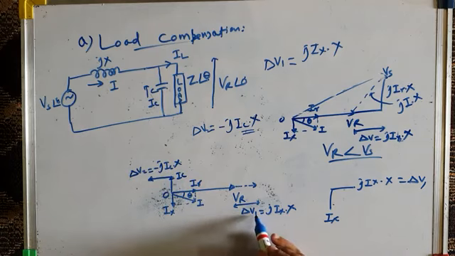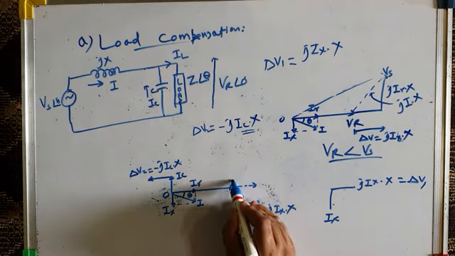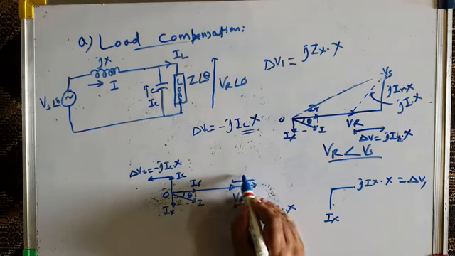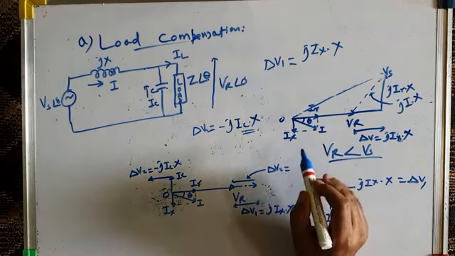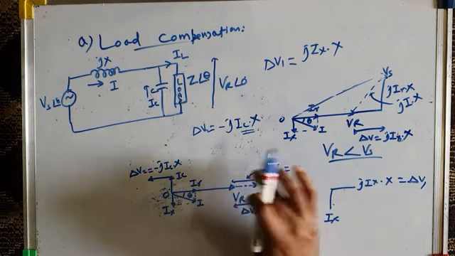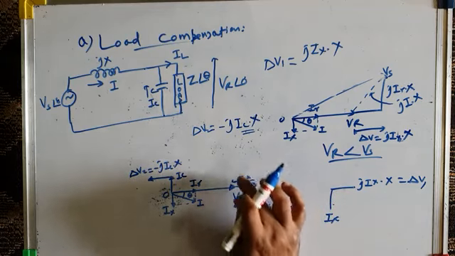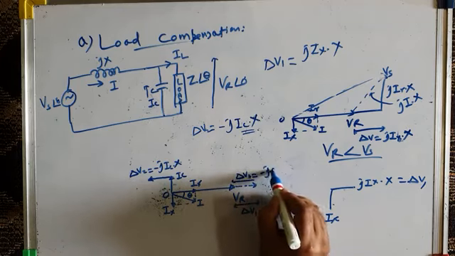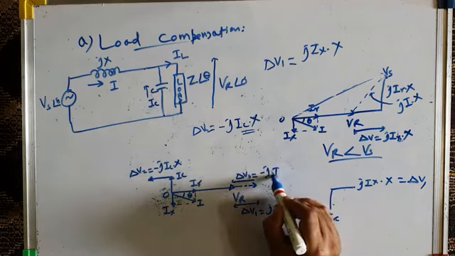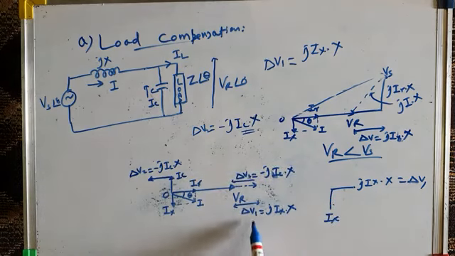So if this is delta V1, this will be delta V2. I will write here, delta V2 equal to minus jIC into X.